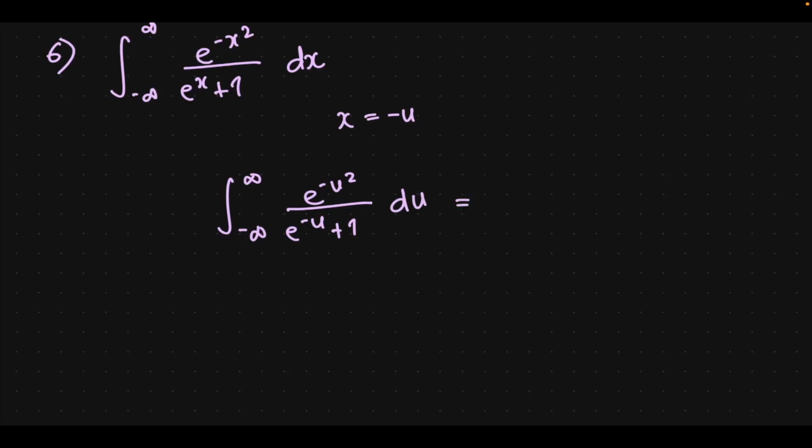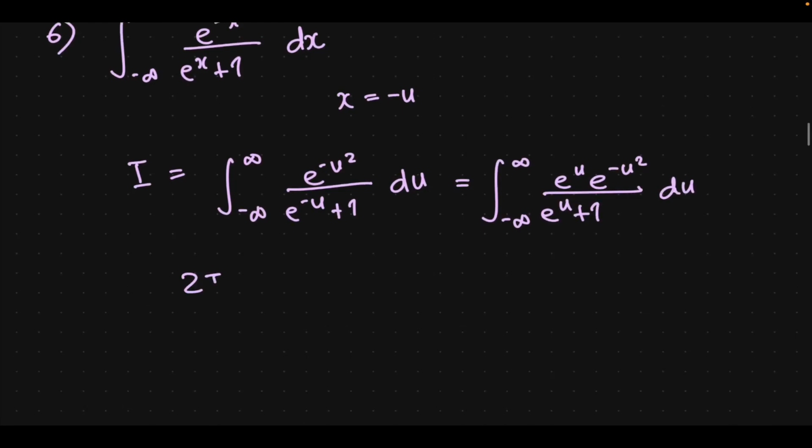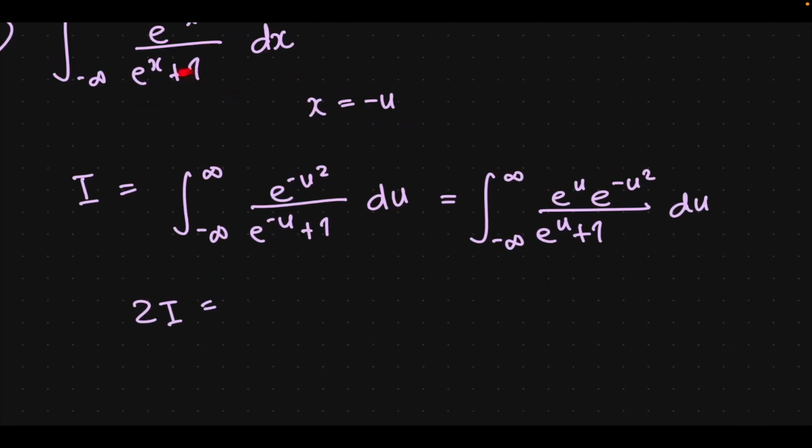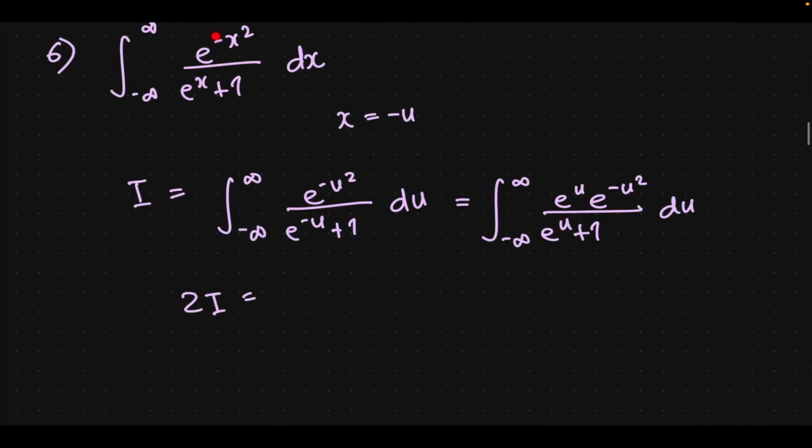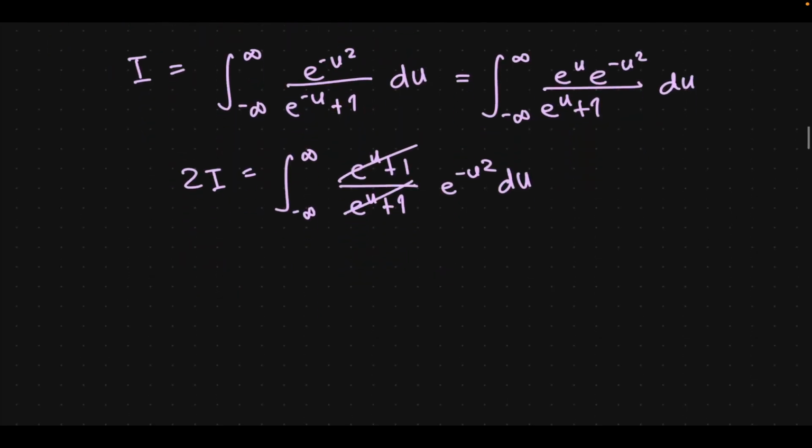And if we again try to get a positive exponent in the denominator, we have e to the u, e to the minus u squared over e to the u plus 1 du. And when we add both integrals, the original one that we had on top and the one on the bottom, and again, using the same variable, let's change x back to u because it's a definite integral, e to the u plus 1 over e to the u plus 1 times e to the minus u squared du, and that will happily cancel off.